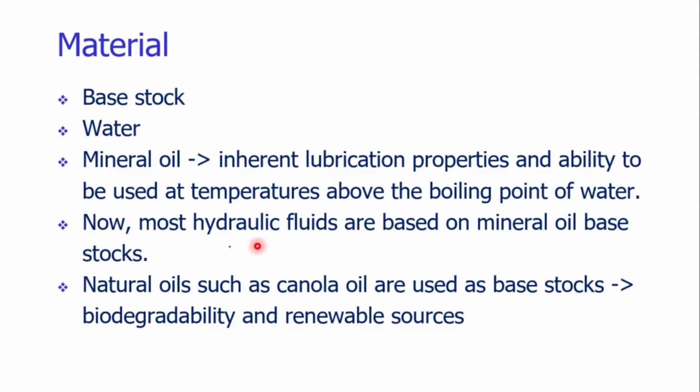So most of the hydraulic fluids are based on mineral oil as base stock. Natural oils such as canola oil can also be used as the base stock. Canola oil or vegetable oils have the best characteristics as they are biodegradable.